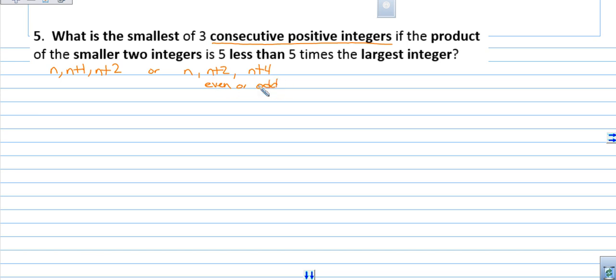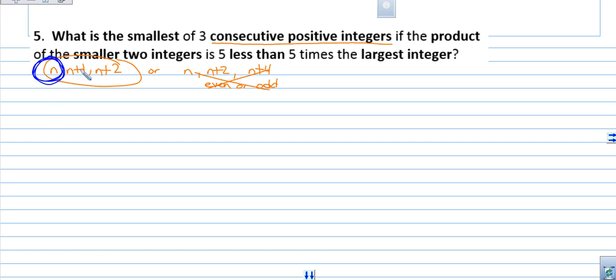Does it say the words even or odd anywhere in here? No. So then we do not use this one. These will be the three integers that we use. And it wants to know what is the smallest of them. So remember, your final answer will be what n equals. That's going to be the smallest of those three numbers.